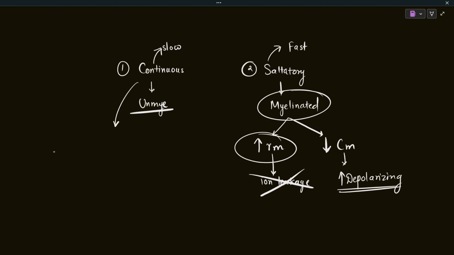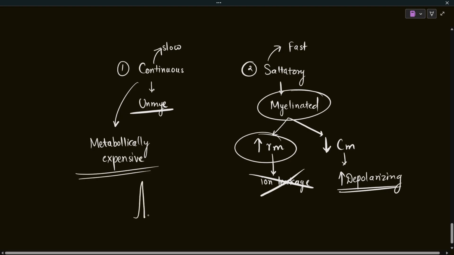But for maintaining the continuous propagation of action potential, it will need ATP, and that is why it is metabolically expensive, because you need the action potential to travel across the membrane through depolarization and repolarization cycles.